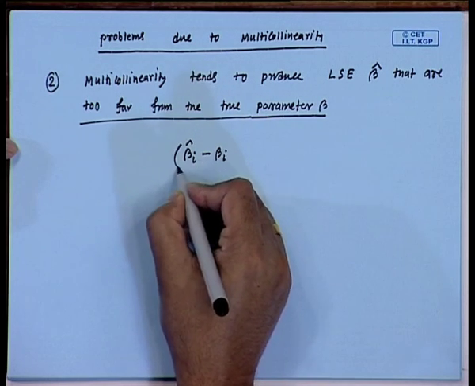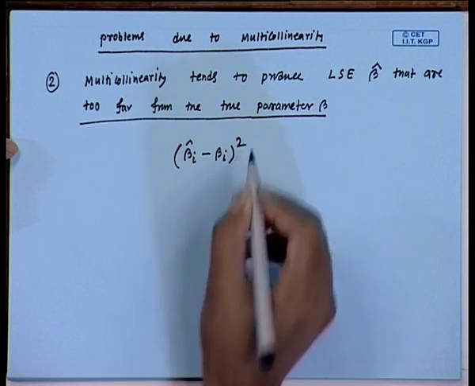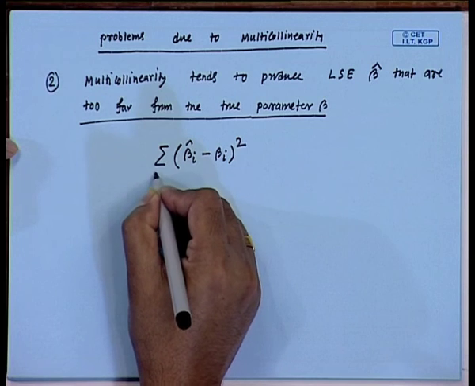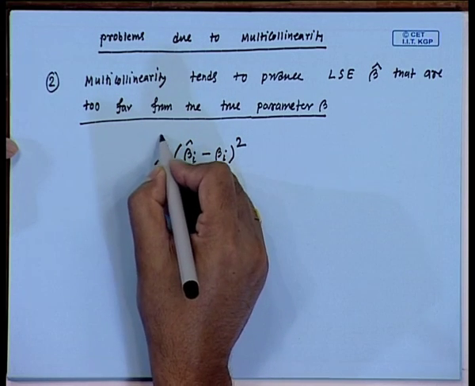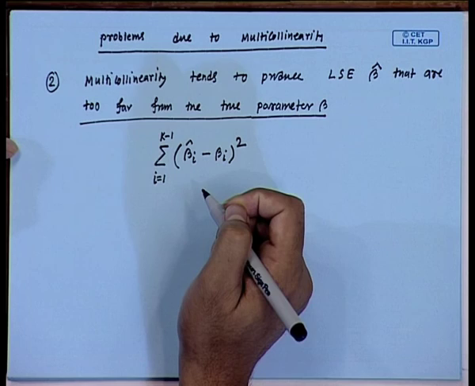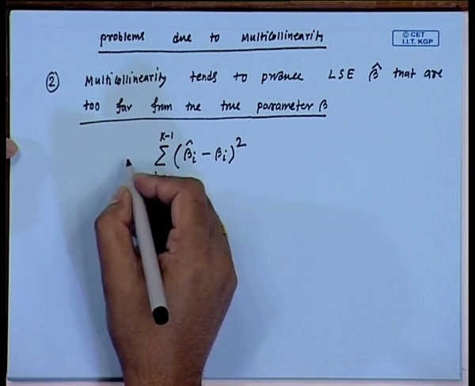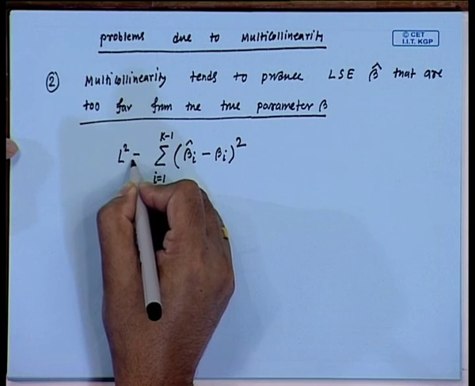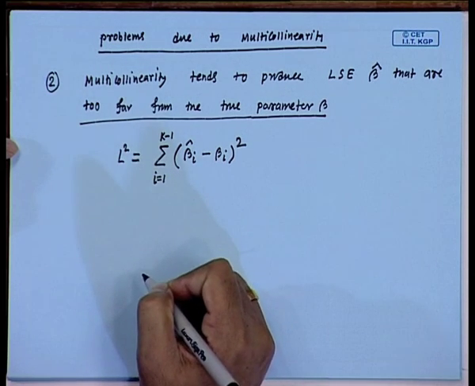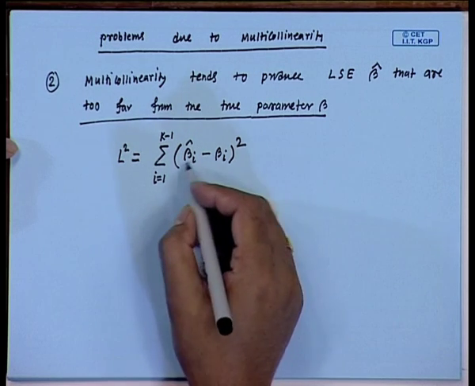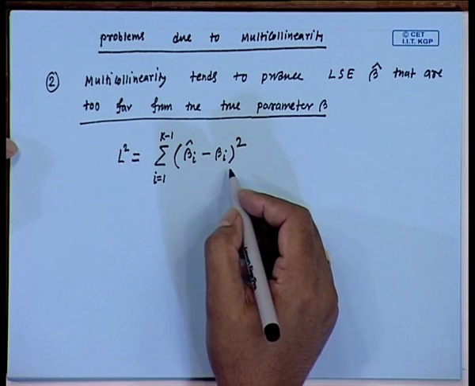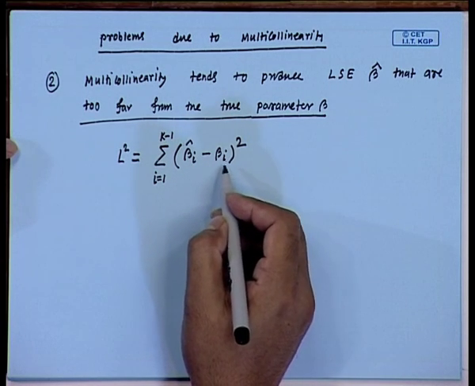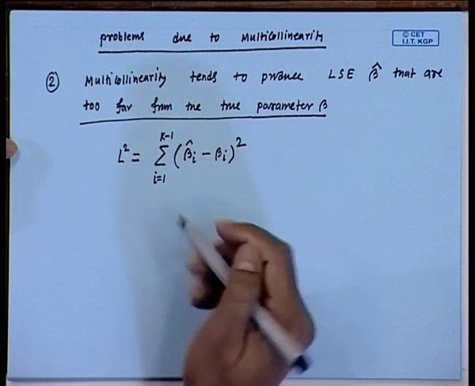The square distance, summed over I from 1 to k minus 1, we denote by L square. This is the square distance from beta hat to the true parameter value beta.